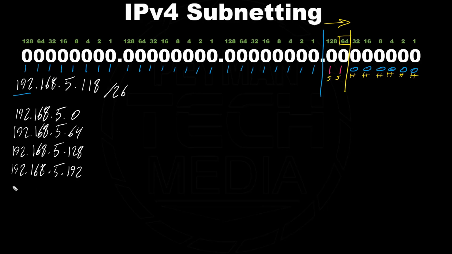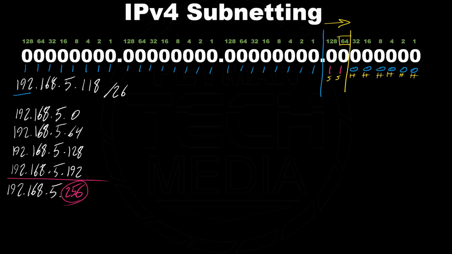And if we continue incrementing, 192.168.5.192 plus 64 is 256. So here, as you can see, I'm writing with a different color, 256 is not a valid IP address. So here we can see we have 4 different subnets.